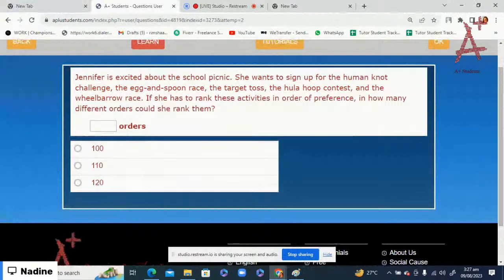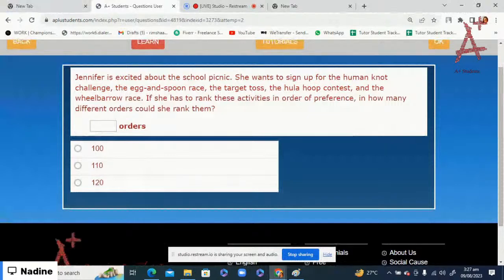She wants to sign up for the Human Knot challenge, the egg and spoon race, the target toss, the hula hoop contest, and the wheelbarrow race. If she has to rank these activities in order of preference, in how many different orders could she rank them?